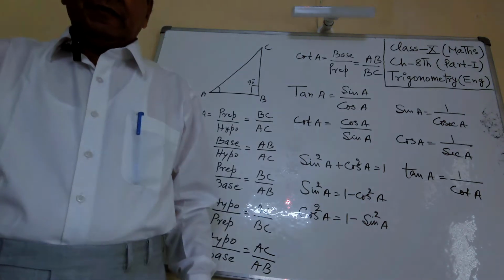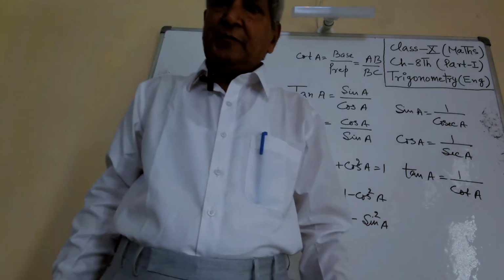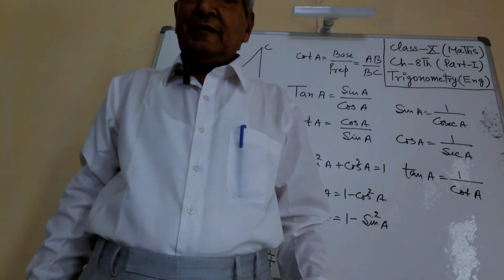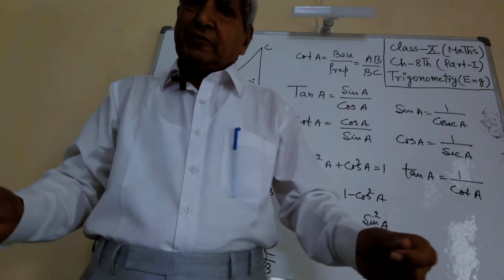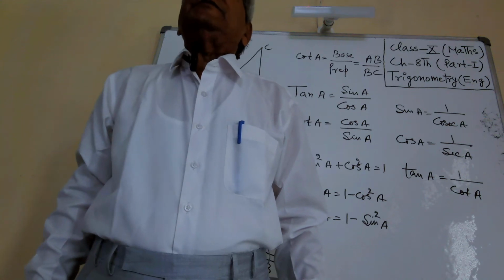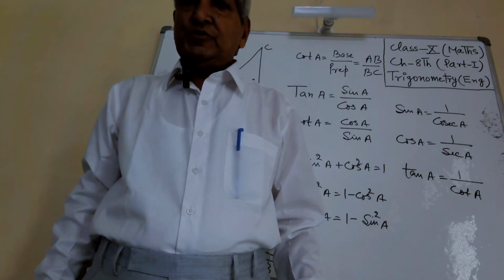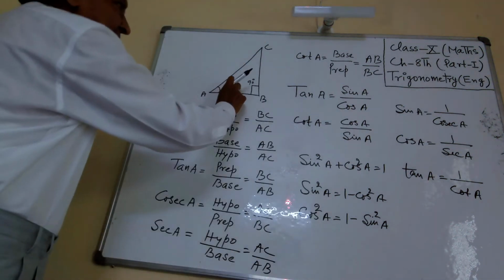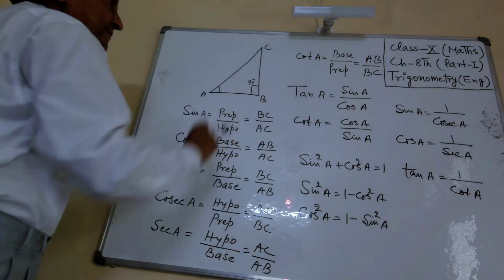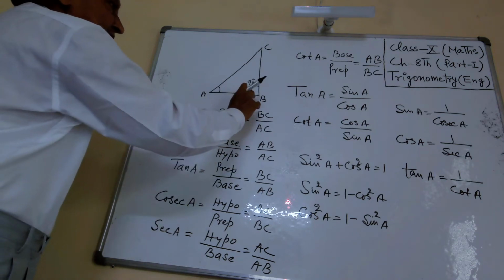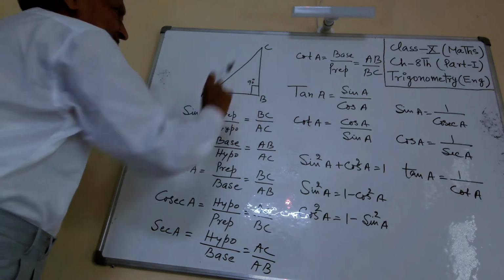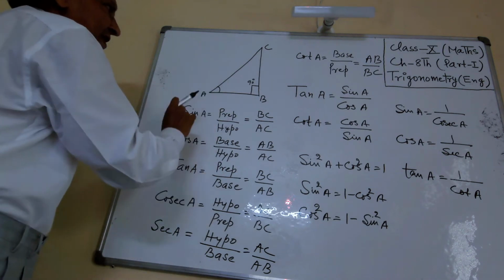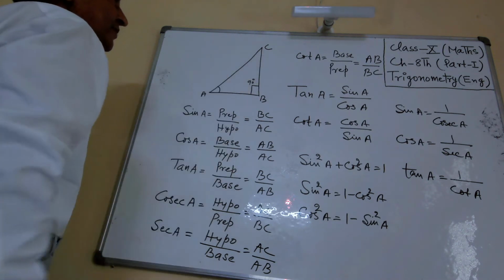We will study in this chapter the ratios of a right angle triangle with respect to the acute angles. My dear students, this is a right angle triangle ABC, in which angle B is 90 degrees and A is an acute angle, C is also an acute angle.